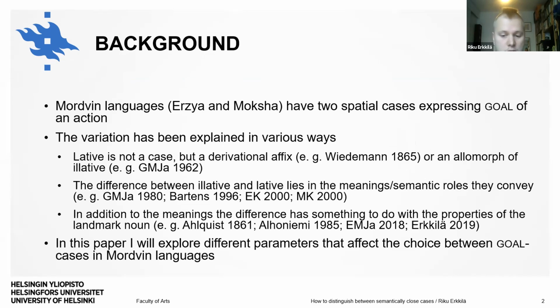There's only one locative or inessive, and one separative case, the elative, and one path case, the prolative, but there are two goal cases, which is quite uncommon in world languages. And the existence and the use of these cases have been explained in various ways along the history.